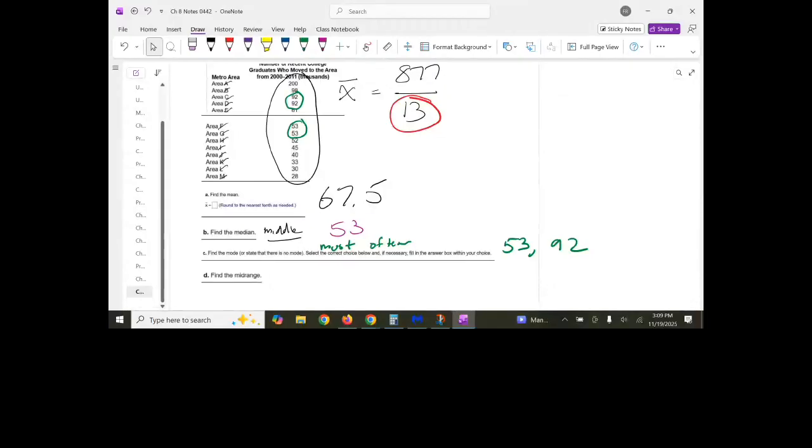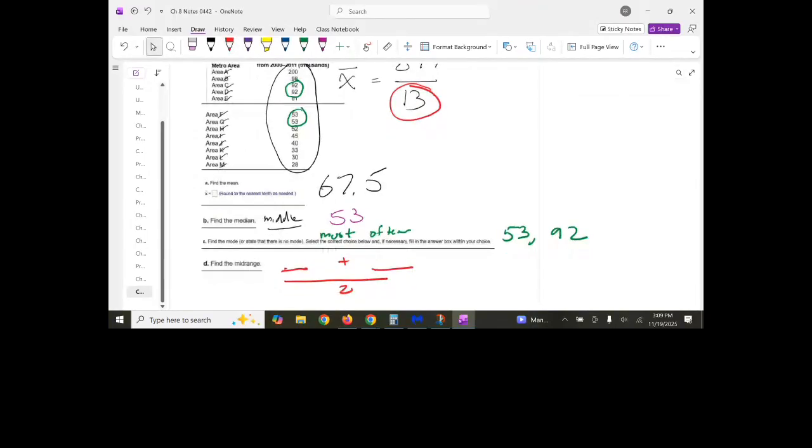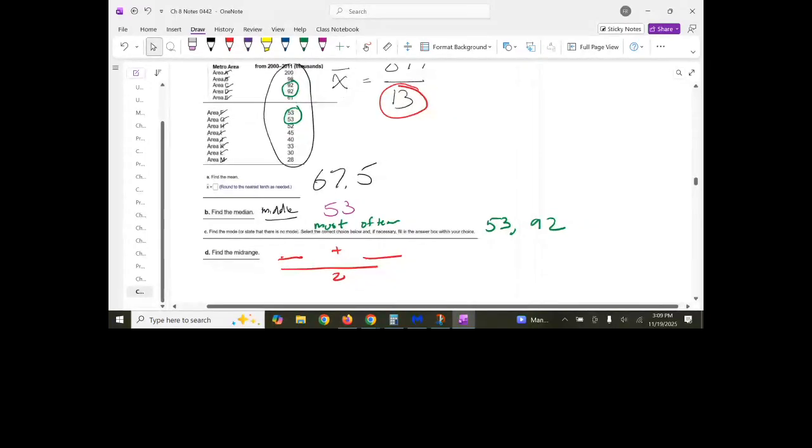All right. And then, y'all, we have something that we call the mid-range. The mid-range is sort of an average between the smallest number and the biggest number, and we're going to divide by 2. The smallest number in our set was 28.